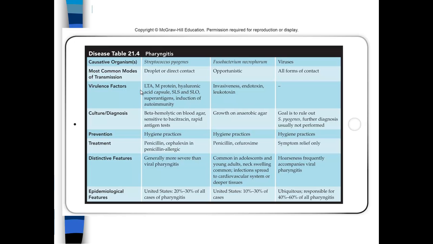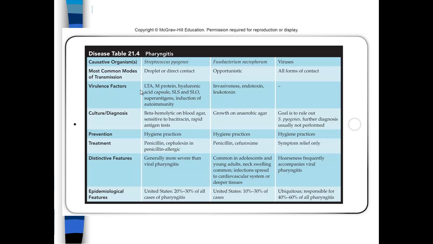And then the alternative would be a viral form. And usually the goal is to rule out Streptococcus pyogenes. Fusobacterium is not as common. Okay. And if you look at the epidemiological features, about 40 to 60% of all pharyngitis is viral and not bacterial.